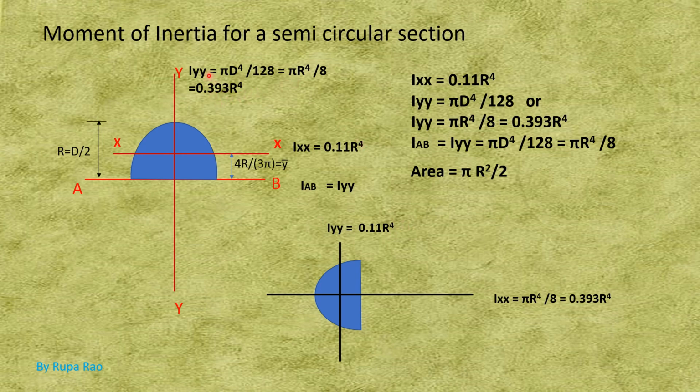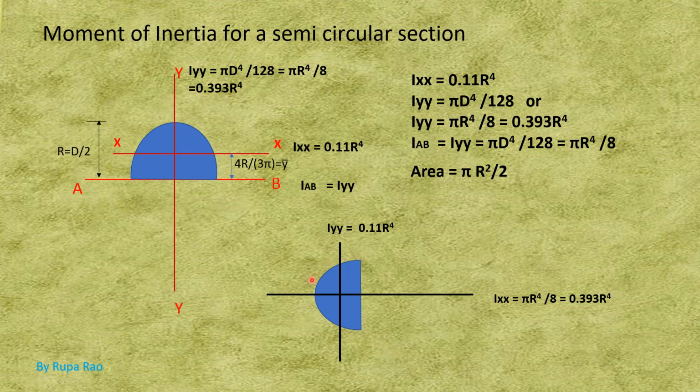So don't mug up that IYY is equal to 0.393 r raised to 4. Remember it as, if the axis is parallel to the diameter, then for that centroidal axis, the moment of inertia is 0.11 r raised to 4. And if the axis is perpendicular to this diameter, then it is 0.393 r raised to 4.